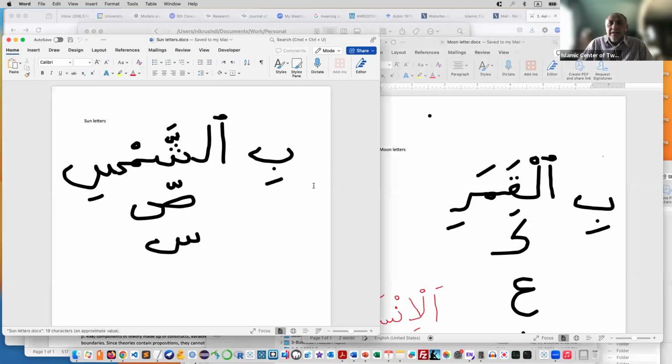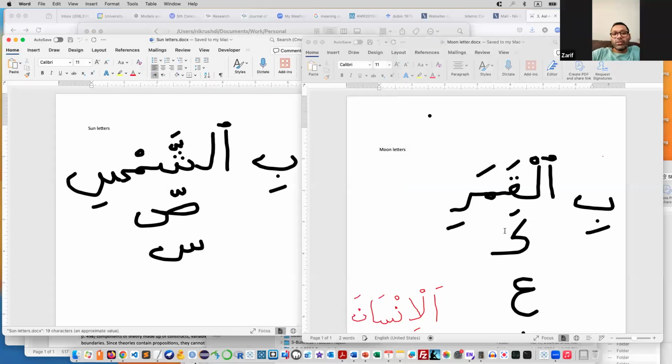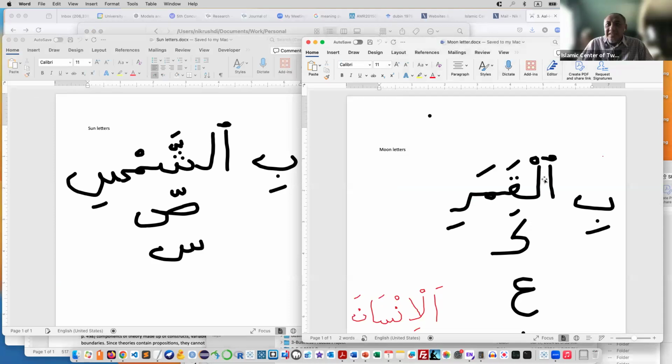Yes, the moon letter is when you pronounce the sukun on top of the lam, then it's a moon letter. Right. So that means that just now was a moon letter. So when you don't pronounce the sukun, like this one here, that's a sun letter, right? The letter that comes after the lam is called a sun letter.